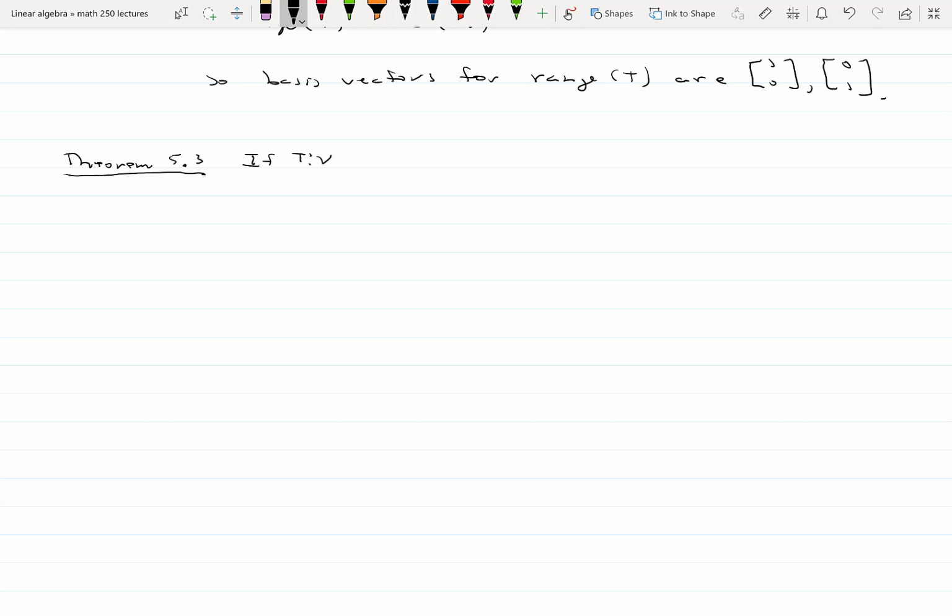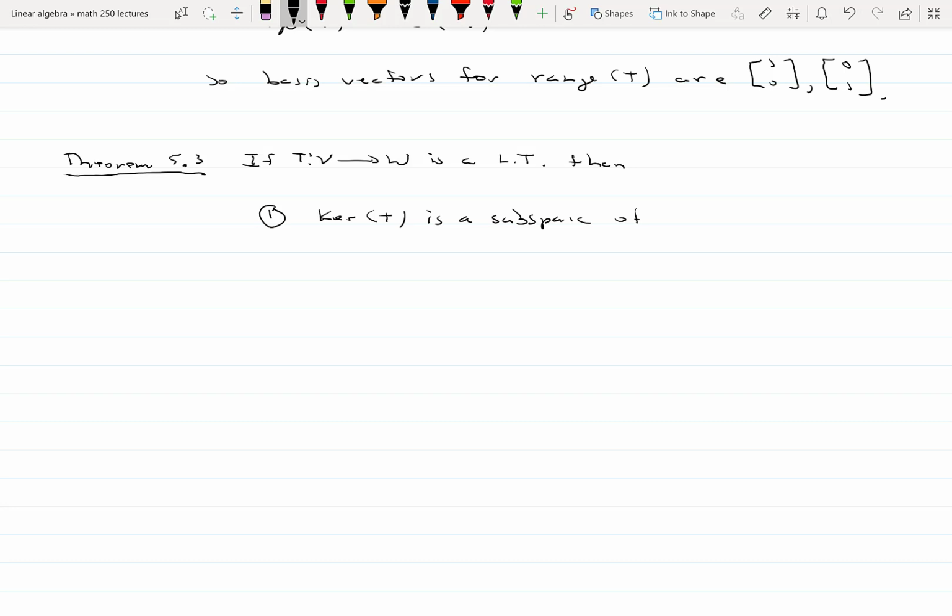That's the good news. If T from V to W is, and I'm going to abbreviate LT, linear transformation, then two things. One, the kernel of T, everything from V that gets sent to 0, the 0 vector in W, that part of V, the kernel of T, is a vector space, is a subspace of what?